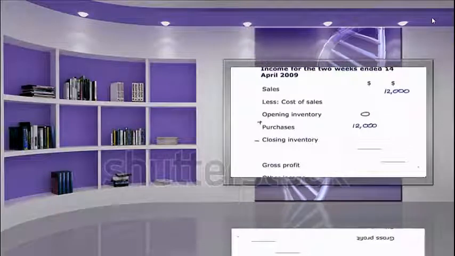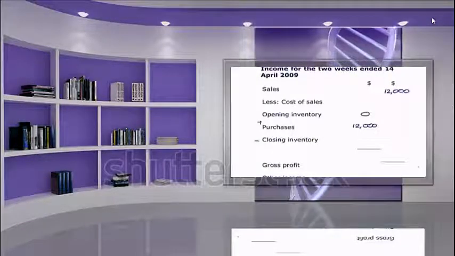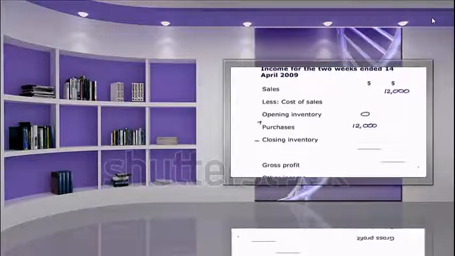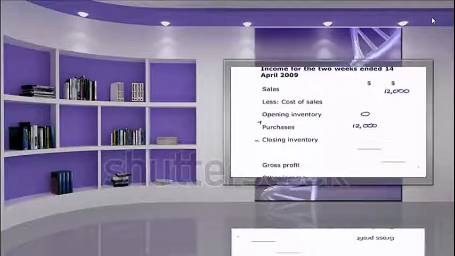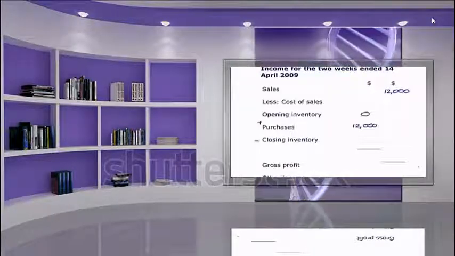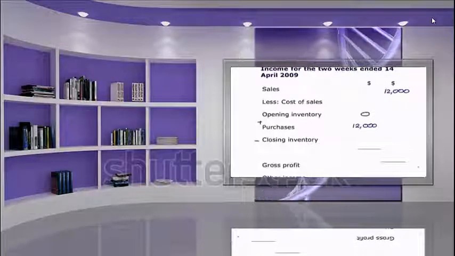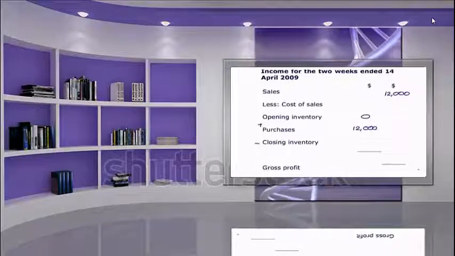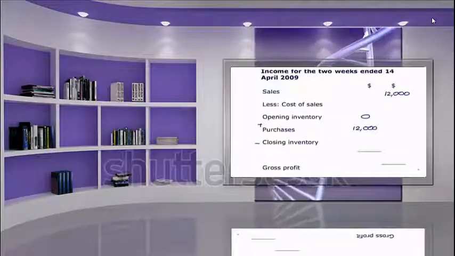However, if you leave it at this point, it shows that you didn't make a profit, which is not true. And this is where the closing inventory comes in, that journal that we discussed in the previous session. Now, closing inventory, we said we were going to credit cost of sales in the statement of comprehensive income, essentially to reduce down that purchases expense.